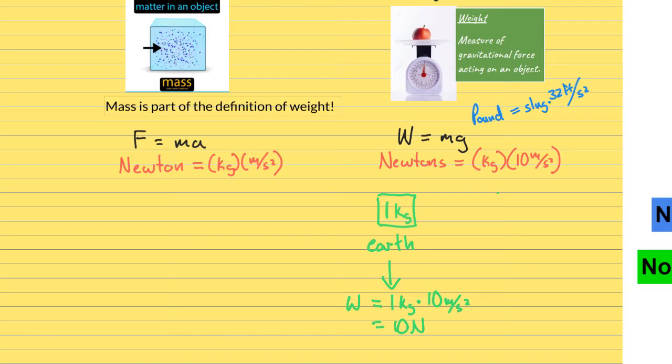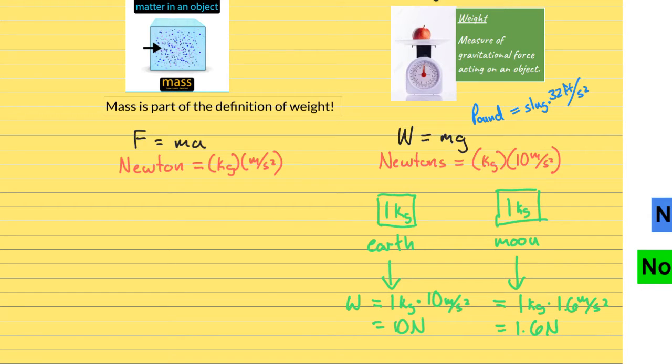Now, if I take that same 1 kilogram mass up to the moon, where the acceleration of gravity is about 1.6 meters per second squared, hope I've got that right, then I take that same 1 kilogram, multiply it by the acceleration of gravity on the moon, and I can see now that same mass has a weight of 1.6 newtons.